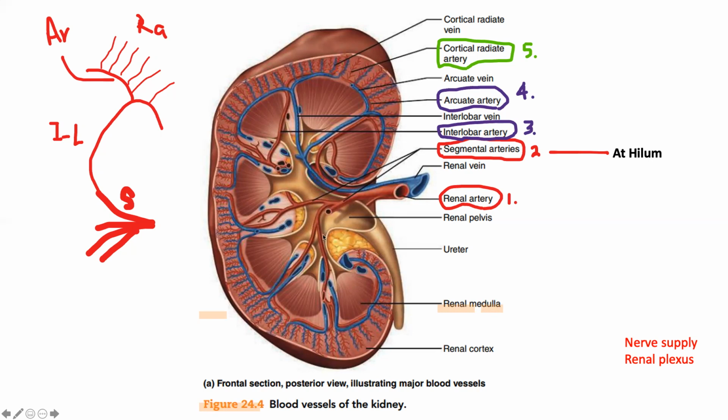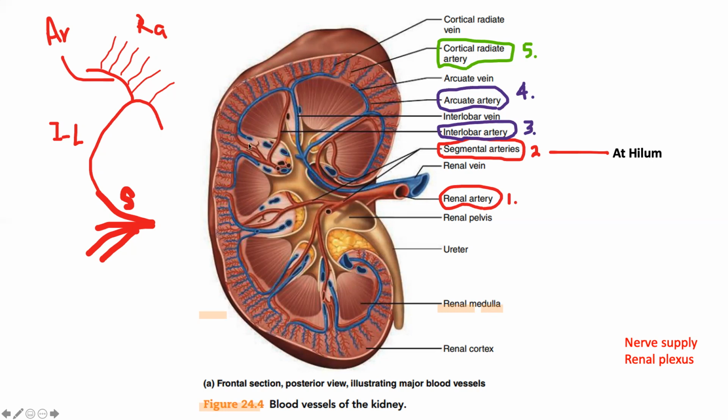Look at that, segmental arteries. And these segmental arteries run in between the renal lobes, which is made of the renal pyramids and the renal column, and therefore they will be called interlobar arteries.